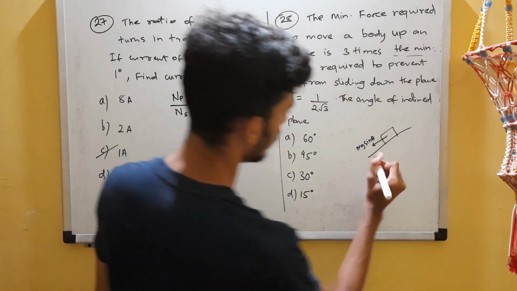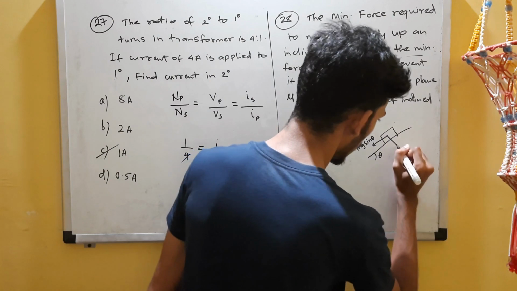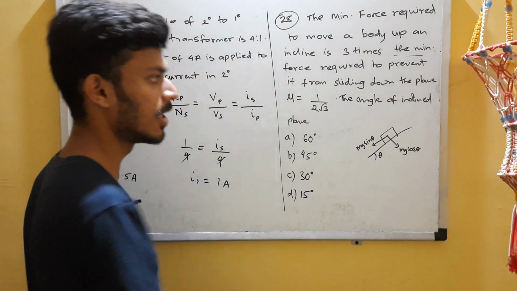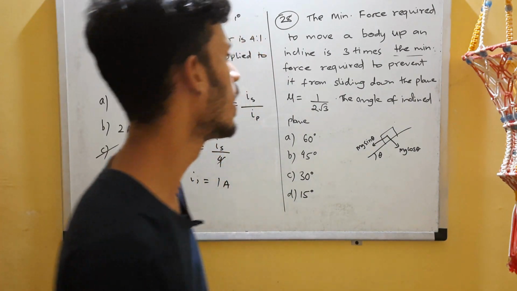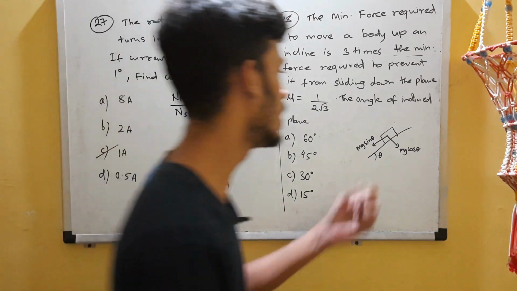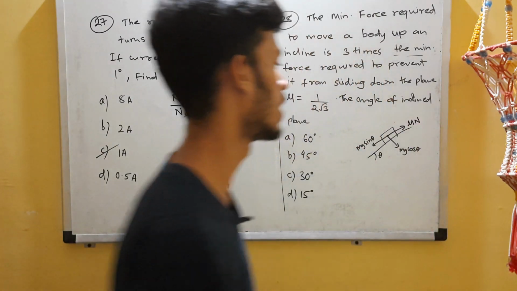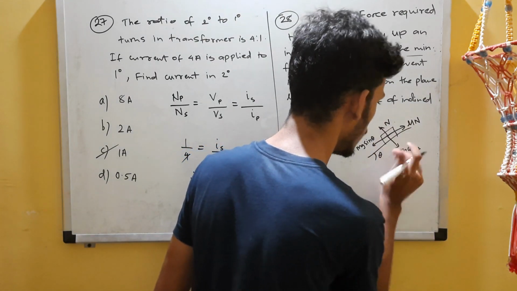So please remember, if the angle of inclination is theta, which we are supposed to find, perpendicular to the incline it's mg cos theta, and along the incline it's mg sin theta. Remember that. Okay, now the force that is preventing this block from sliding down is nothing but the frictional force, right? Mu N. Okay, so here N is nothing but mg cos theta, right?